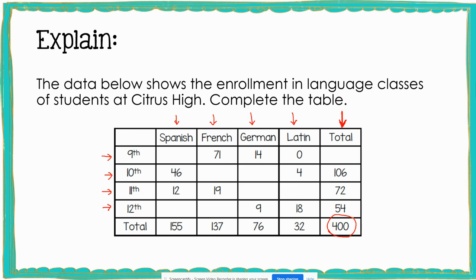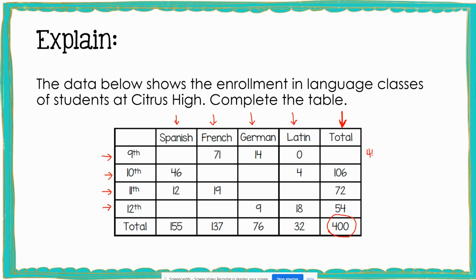I know that there were 400 total students. Well, I can see that there were 54 students in 12th grade, 72 students in 11th grade, and 106 students in 10th grade. To figure out how many students were in 9th grade, I can take these numbers away from the total.